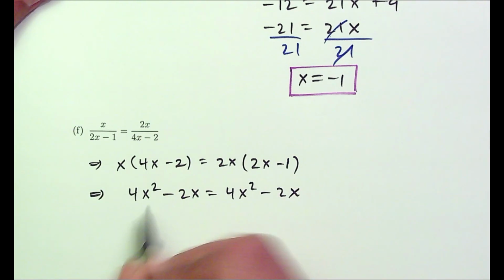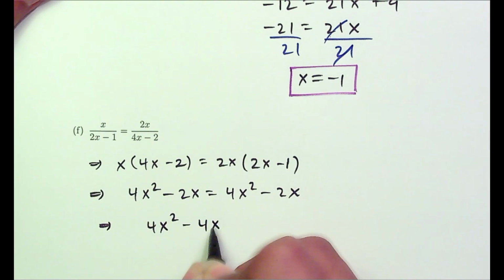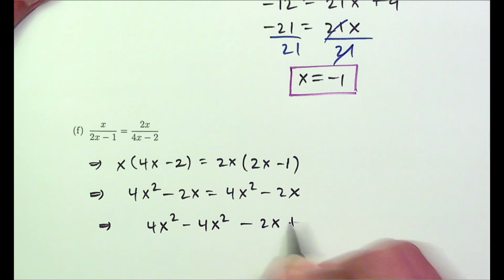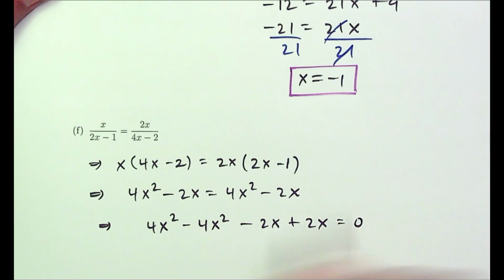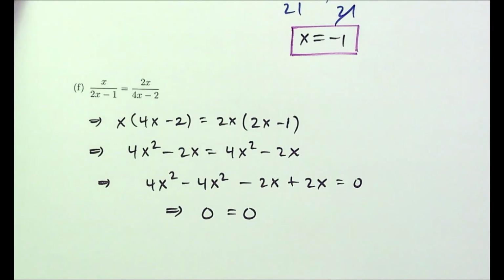Now move all the x's to the same side. You're going to get 4x squared minus 4x squared, negative 2x plus 2x, and combine like terms. And you see that you get 0 equals 0. Aha, what does that mean?